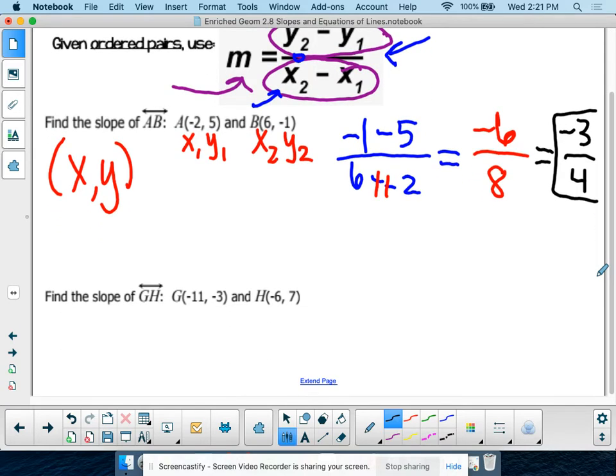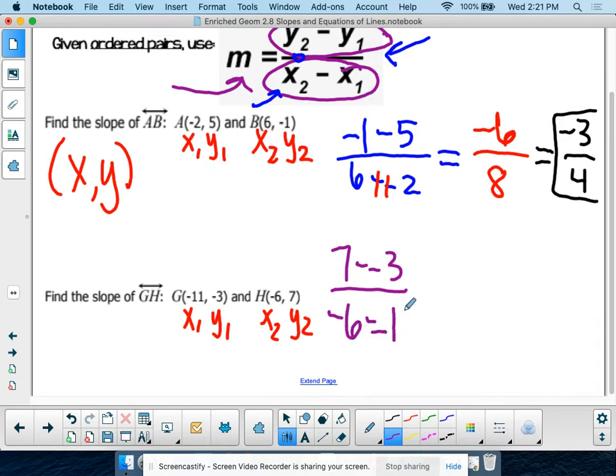Again, same process here, kids. We have x1, y1, x2, y2, plug in, and let's crunch this out. So we'll have your y2, 7 minus your y1 of -3, over your x2 of -6 minus -11.